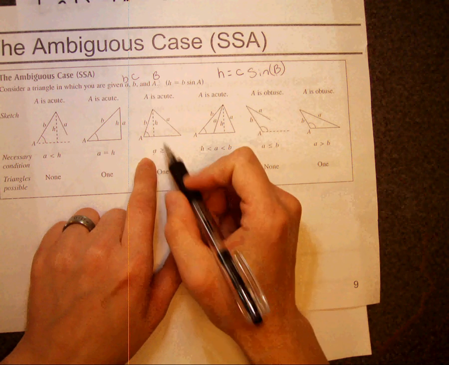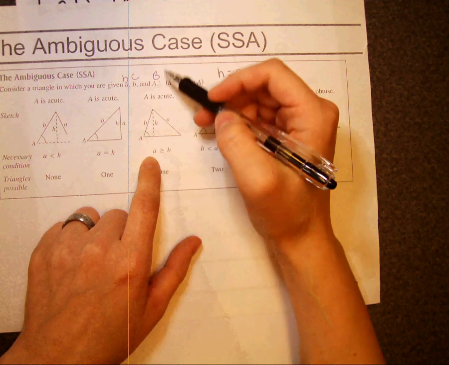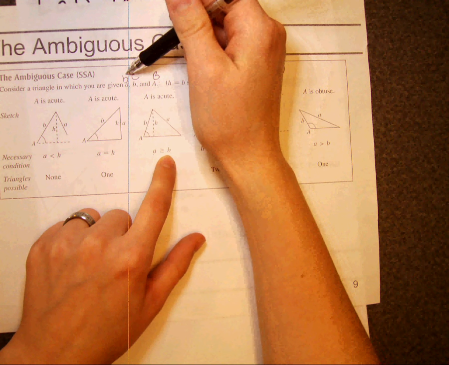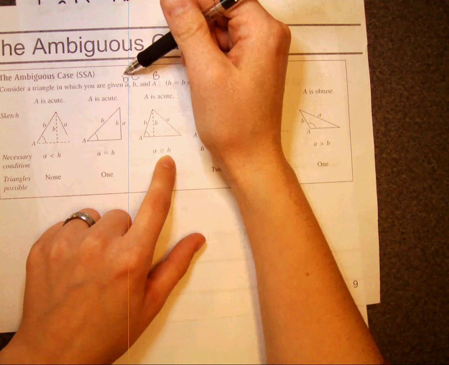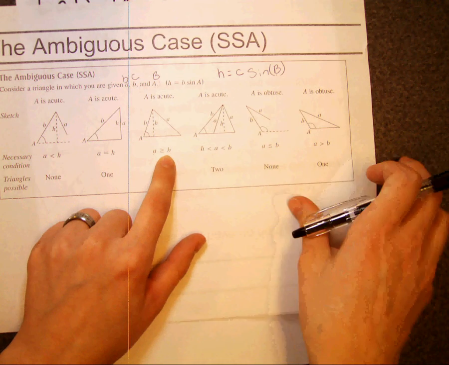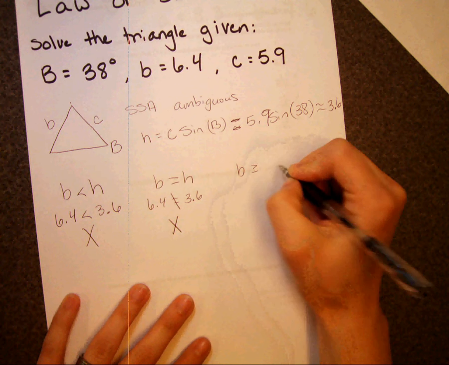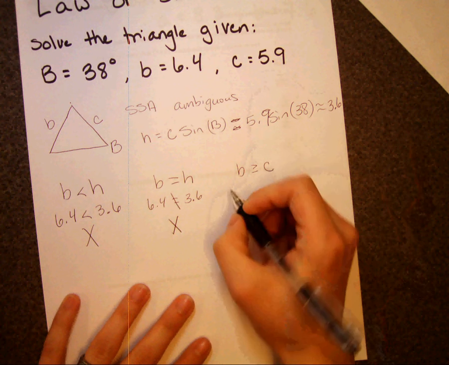Then it asks me just to compare my two sides. Is a greater than or equal to b? a is the side that corresponds to the angle that's given. b is just the other side. So with the information we have, b is the side that corresponds to my angle. c is the other side. So I want to make the comparison: is b greater than or equal to c?